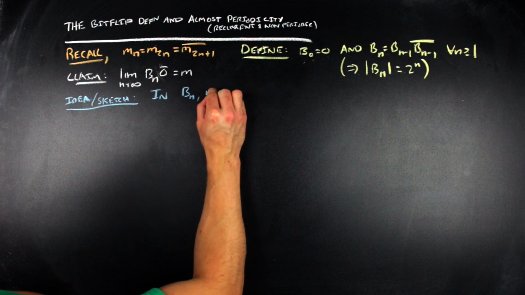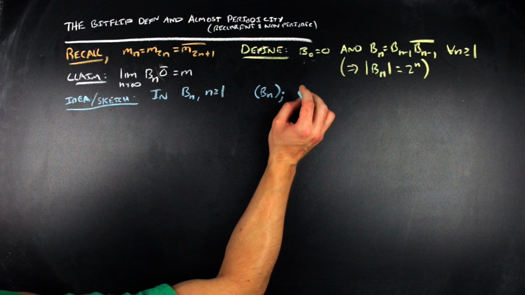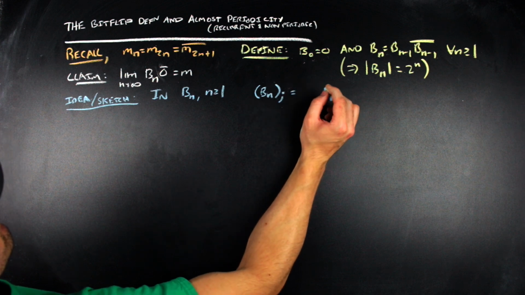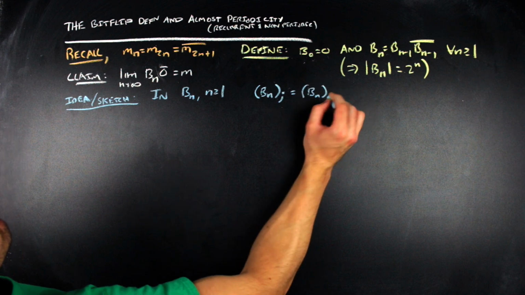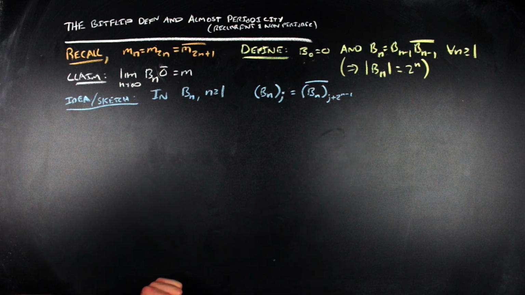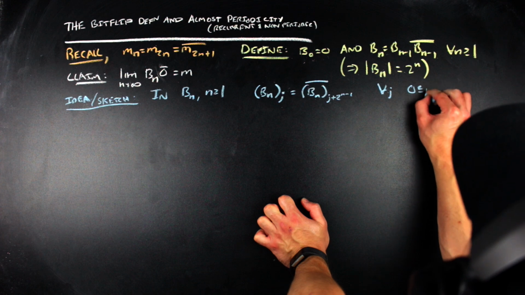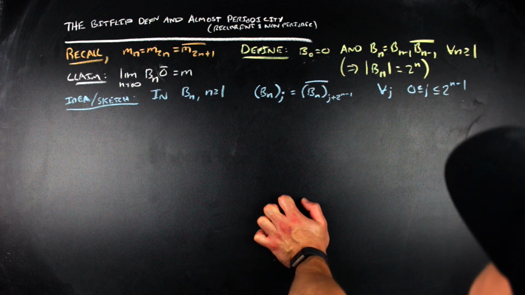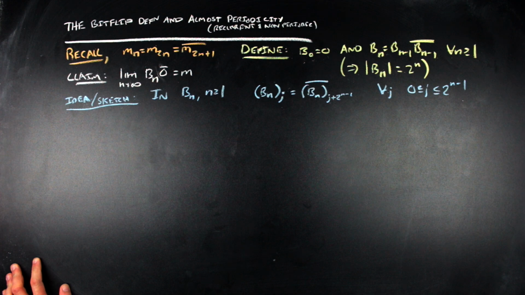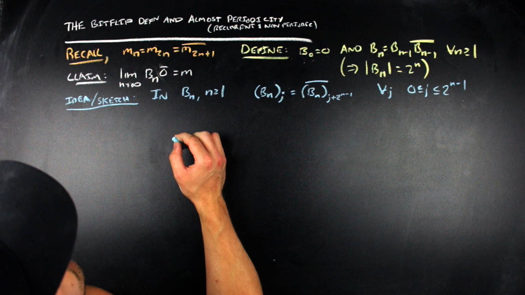Looking at subwords of a b sub n for n greater than or equal to 1, I know that b sub n in the jth position is equal to the conjugate of b sub n in the position j plus 2 to the n minus 1, by the recursive property that b sub n is equal to b sub n minus 1 concatenated with the conjugate of b sub n minus 1. And this happens for every j such that 0 is less than or equal to j, which is less than 2 to the n minus 1.